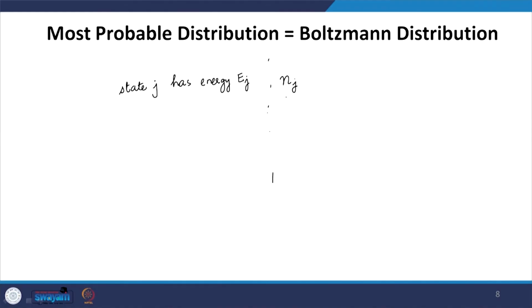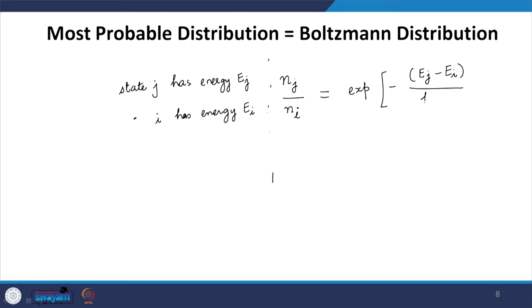But the key point is that you can define states having some energy E j, right. So, if I find the number of molecules in a state j and divide by the number of molecules in a state i, where state i has an energy E i, then this number is given by exponential of minus (E j minus E i) by k B T.